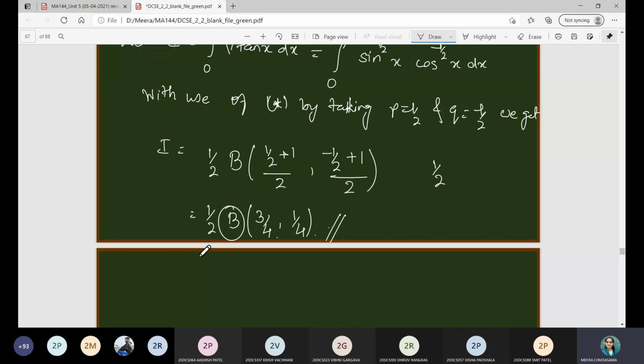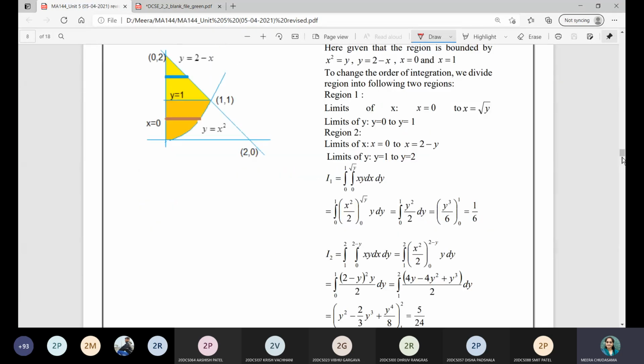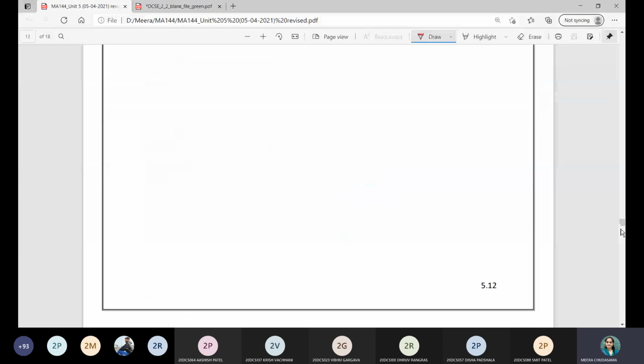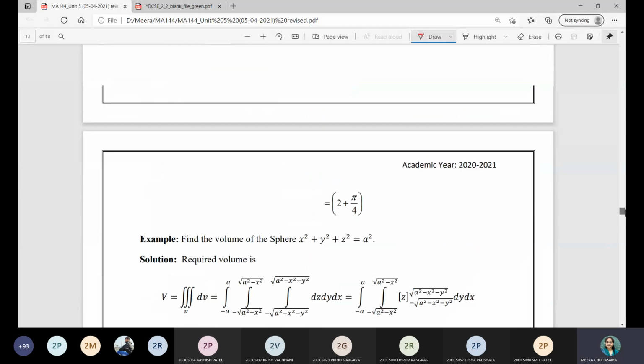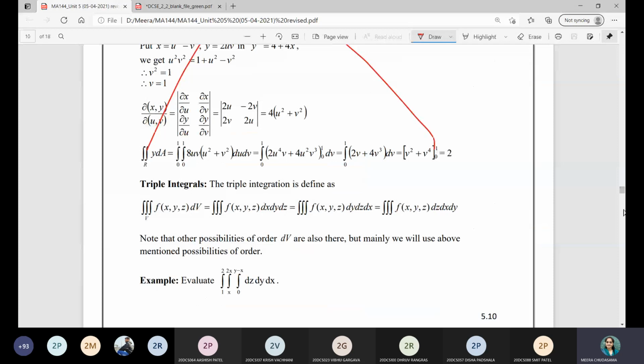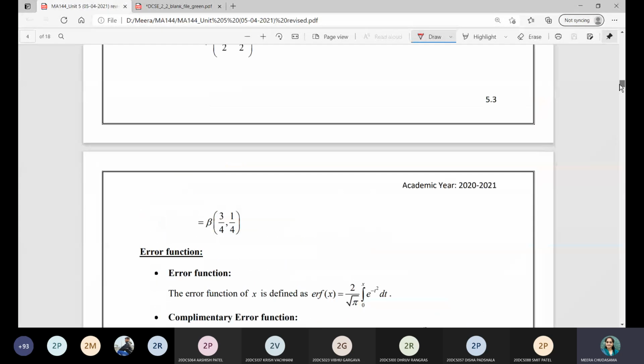So this is what the example corresponds to the beta function. In the material it is a solved example, but there is one mistake that you have to correct.